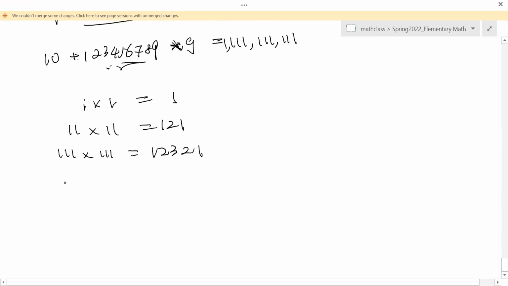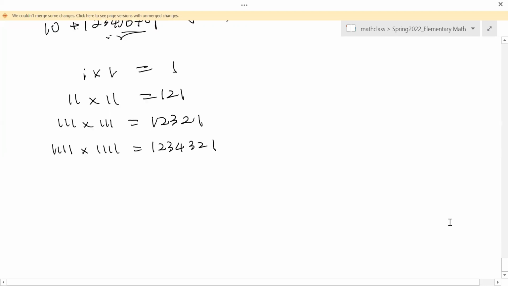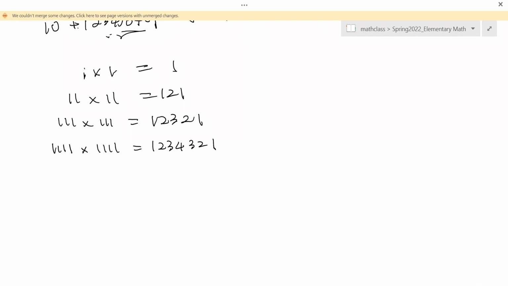Then I have 1, 1, 1, 1 times 1, 1, 1, 1, and you get 1, 2, 3, 4, 3, 2, 1. See, now you can get some kind of pattern, depending on how many digits you have.